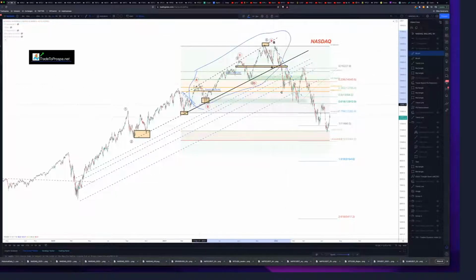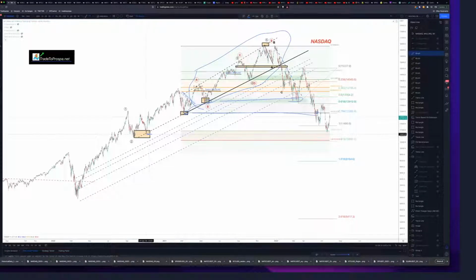We have this structure, and it started from this point, or you can argue this point, and we have this broadening wedge, and basically we fulfill that return, and we also fulfill this one. The other one is this. If we measure the bull market from this perspective up, it's also returned here. So I do see a reversal of some sort coming here.